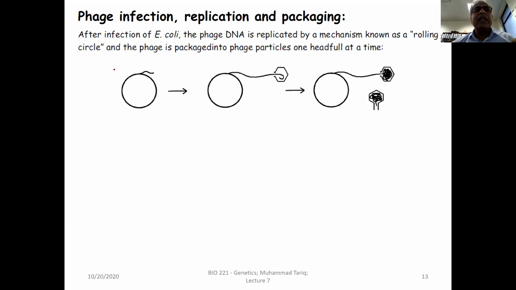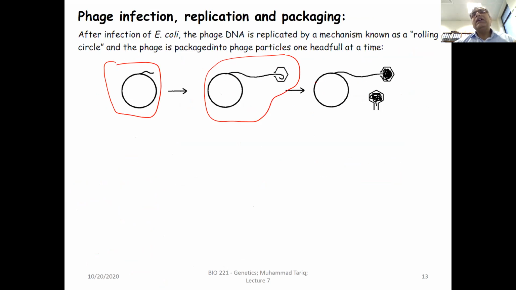This is what I just explained to you. Normally, this is the phage DNA. We learned in the last lecture as well. It replicates through the rolling circle mechanism. When the complete genome is replicated, as soon as it gets complete, it gets cut, and a complete 10 to the power 5 base pairs of phage genome is packaged in this head.